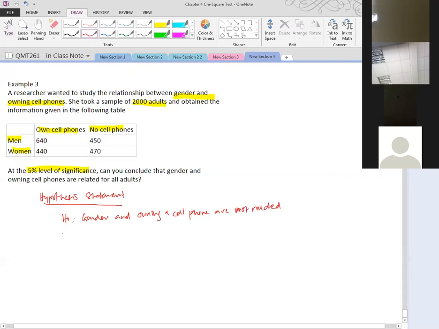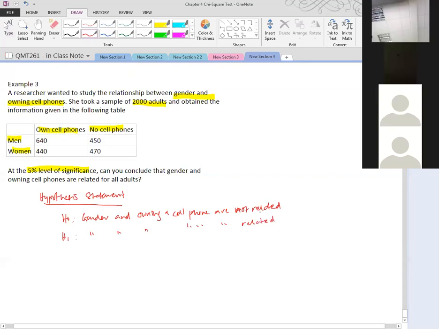You can put that one. Alternative hypothesis, gender and owning cell phone are related. Either you can put not related or independent, or related or dependent. It doesn't matter. So our alpha is 0.05. Now we need the test statistic.